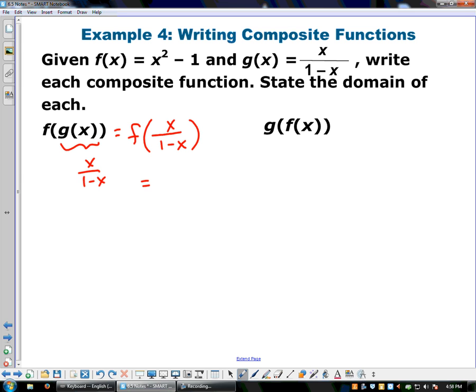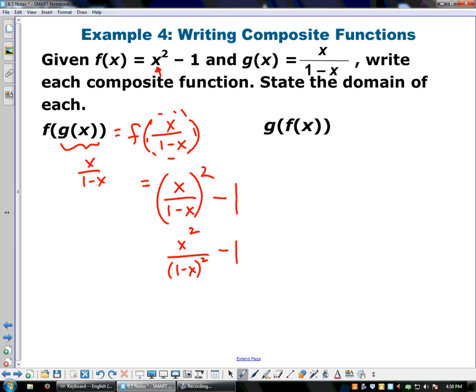And so when we do that, that means wherever we see an x, like right here in the f function, this whole thing has to go in its place. So we're going to have x over 1 minus x has to be squared minus 1. So we get x squared over 1 minus x, quantity squared minus 1.